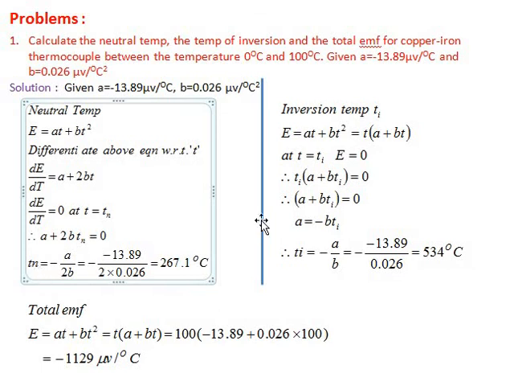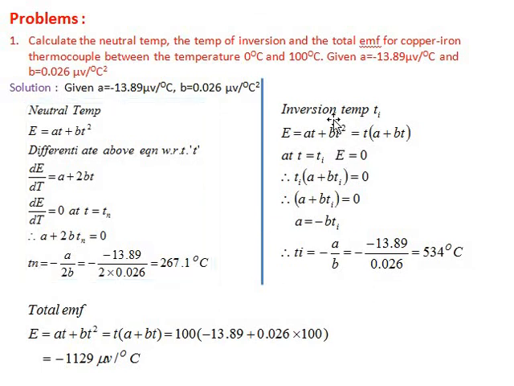Then we are going to find the inversion temperature. As usual we know the relation between neutral temperature and temperature of inversion when the cold junction is at 0 degree Celsius, that is Tn is equal to 2Ti. From that relation also we can find it, but we choose another method. Here E is equal to aT plus bT square. Taking T common, T into a plus bT.